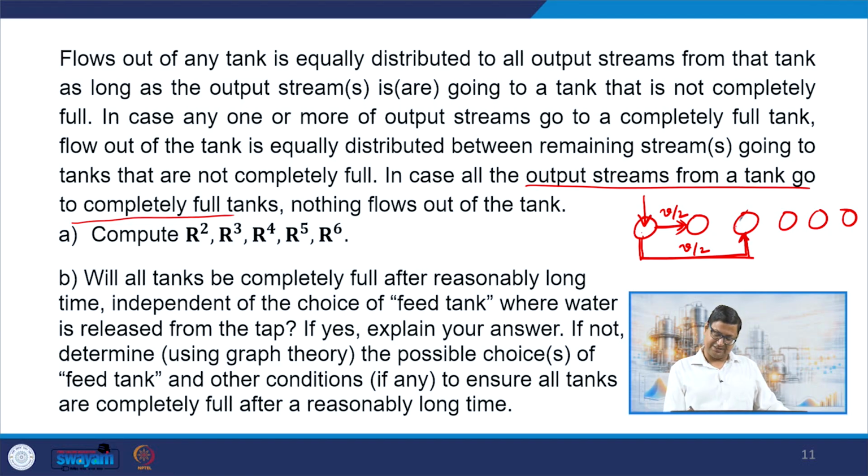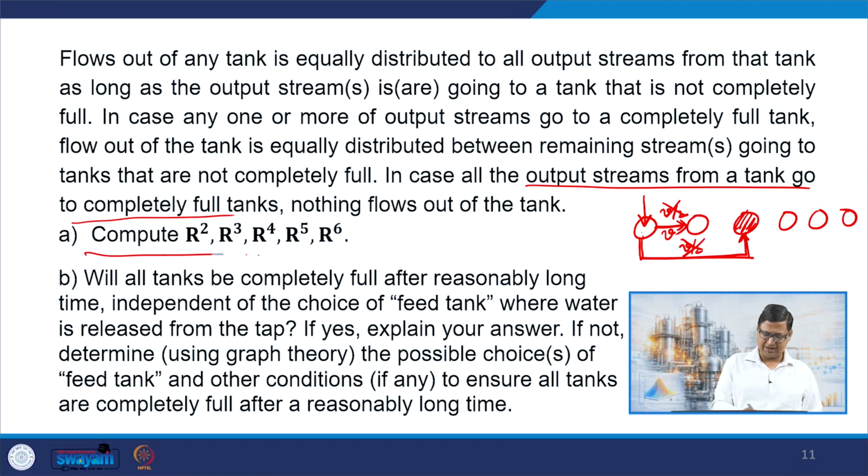But as soon as the destination tank gets full, then the flow stops there and all the flow goes to the other tank, right? So basically the flow coming out of the tank gets split into all the destinations equally until a destination tank is full, in which case whatever is remaining, only those tanks get an equal distribution of water.